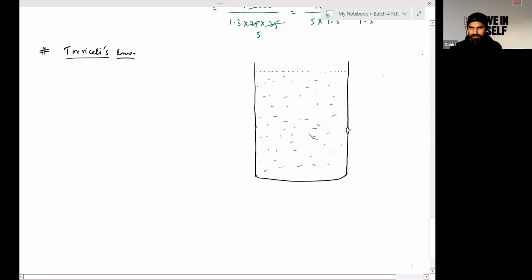And through this hole, it may come out like this to fall at this point. So we have to calculate velocity of ejection of liquid through this hole. That is called velocity of efflux.